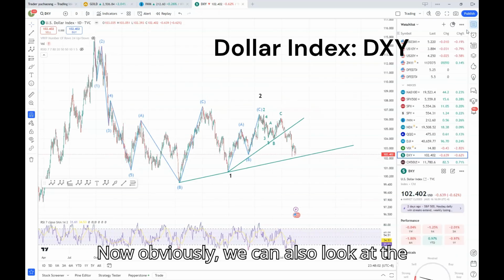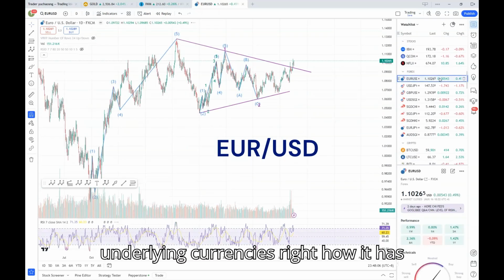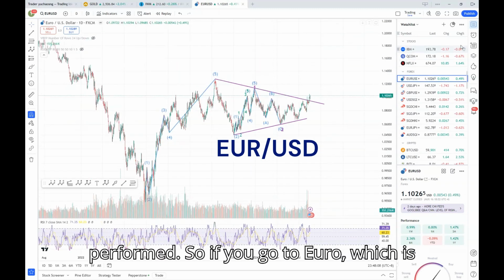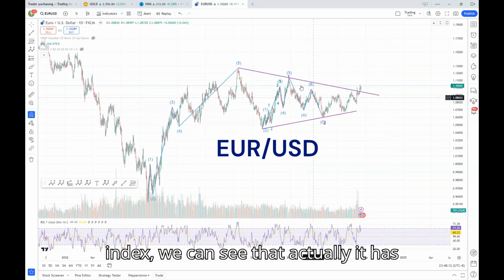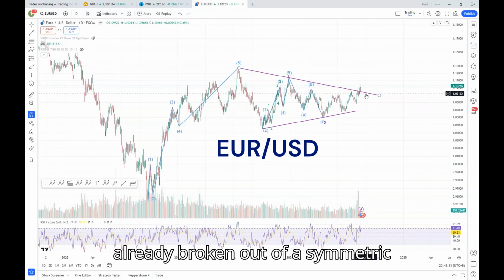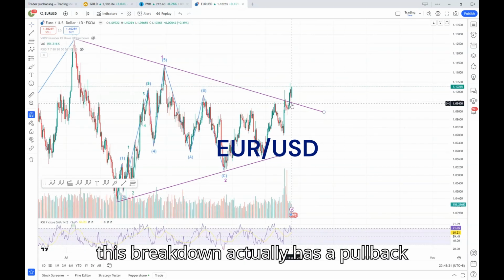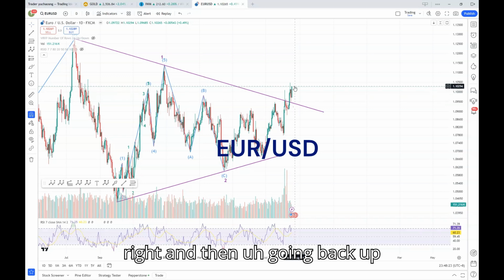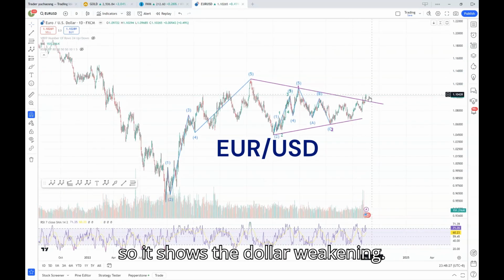Now, obviously, we can also look at the underlying currencies, how they have performed. If you go to the euro, which is the biggest component of the dollar index, we can see that it has already broken out of a symmetric triangle. This breakout had a pullback and then went back up, so it shows the dollar weakening.